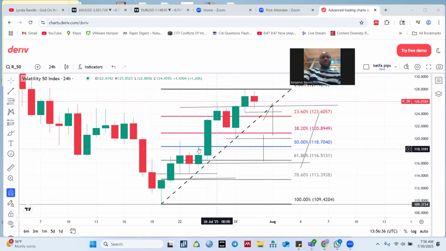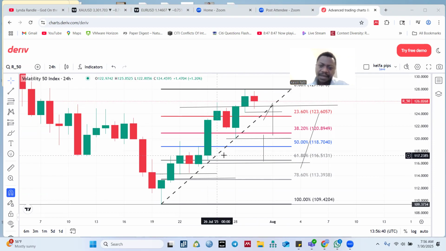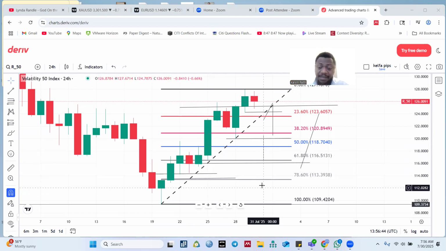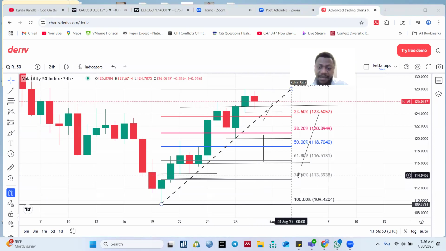So 50% is like half, like equilibrium, and anything below that is 61, 78, 88. At 78 we have a fair value gap very close, the fair value gap down there, and then 61% is that block of demand zone, liquidity area.